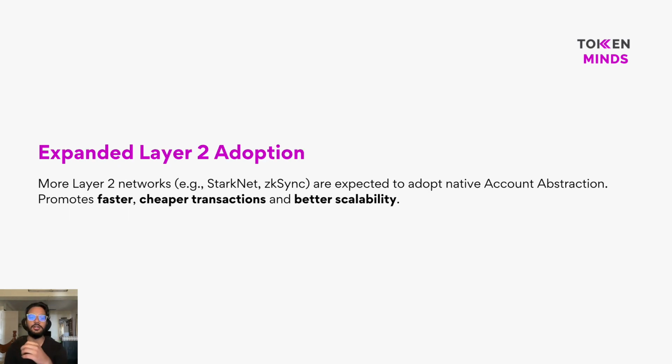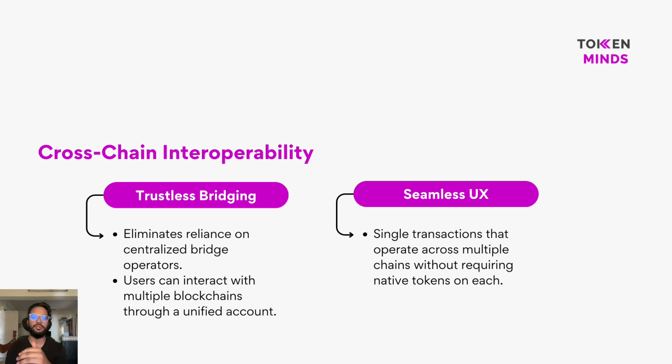And then all of the layer 2s are expanding. For example, zkSync has a natively built-in account abstraction model, and other chains such as Arbitrum, Starknet, and Polygon already have account abstraction, and the chains which do not are gathering speed to build it in. That is going to promote faster, cheaper, and more scalable networks. And the last is cross-chain interoperability.